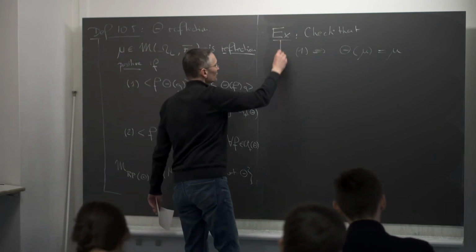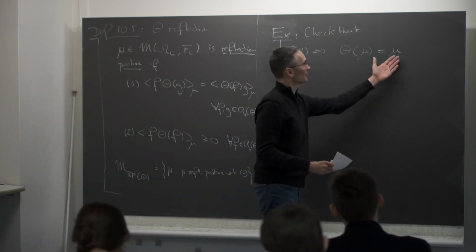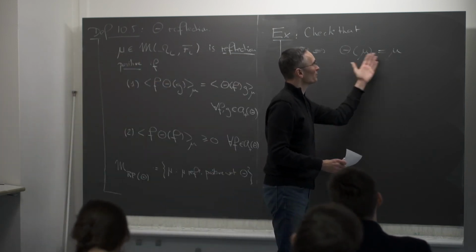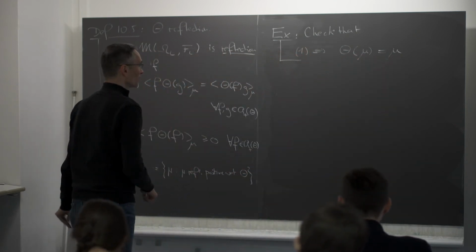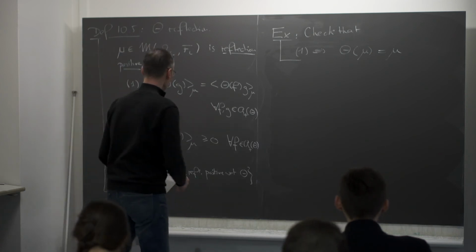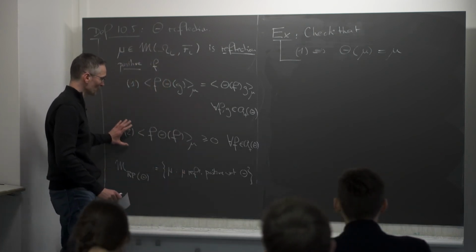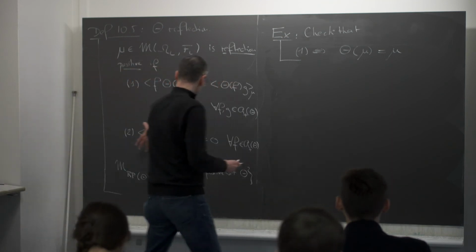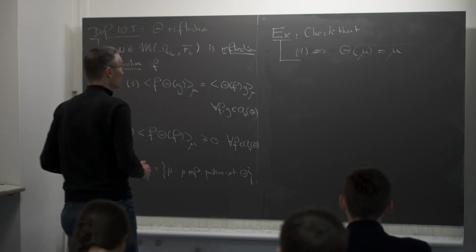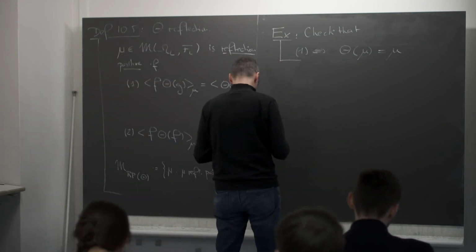So check it, it's easy. So our measure mu will obviously have this kind of symmetry under reflection. This is the easy part. So the part which is non-trivial is really this positivity part which is in the second statement. And there we will have things to check to make sure that the measure we're interested in is reflection positive.